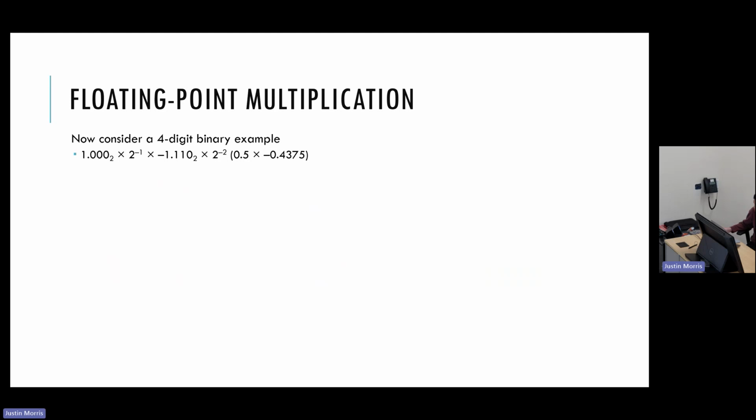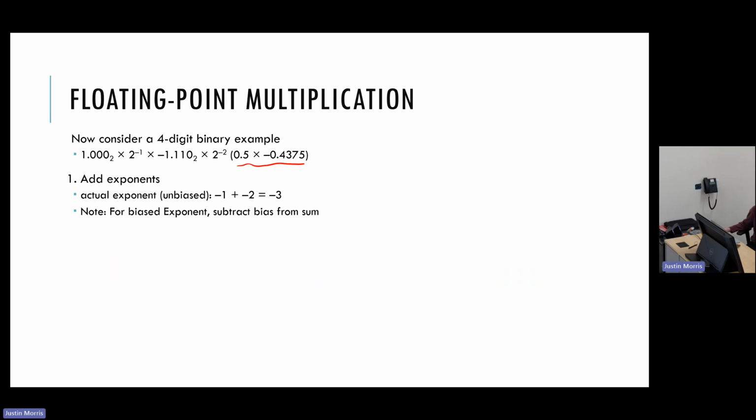So here is our floating point example. So we have 1.000 times 2 to the negative 1 times negative 1.110 times 2 to the negative 2. And this is their decimal equivalent. So first step, add exponents, right?